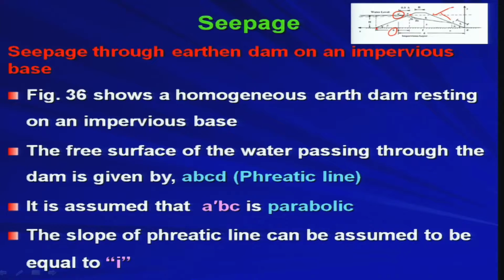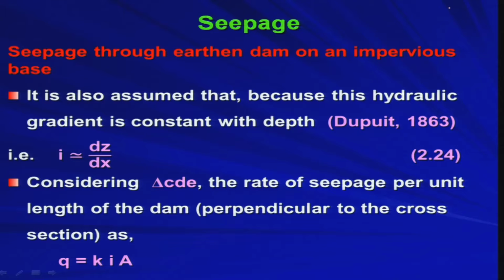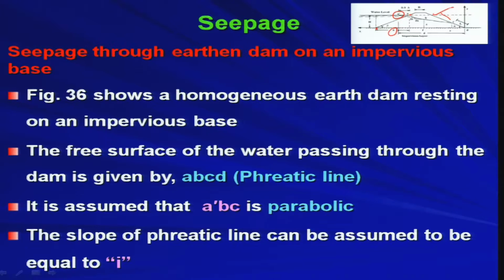So, at this moment we are assuming two things. One is that A prime B C is parabolic, and the slope of the phreatic line is equal to I, the hydraulic gradient. It is also assumed that this hydraulic gradient is constant with depth. Then I is nothing but dz by dx.